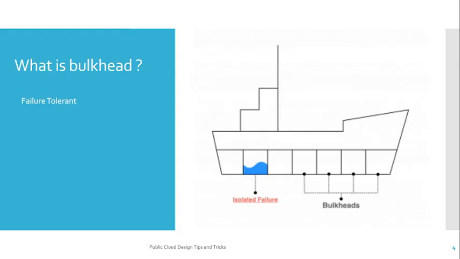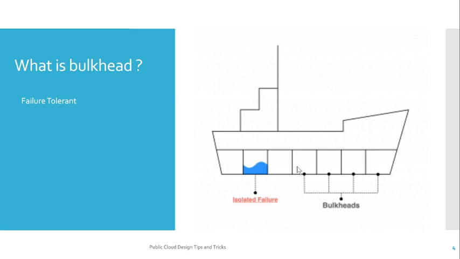Now, let's try to understand where exactly the word bulkhead came from. Generally it comes from terminology used for ships. A ship is divided into multiple bulkhead components, and each component is separated by a layer of bulkheads, so that if one component fails, the water leakage will not affect all other components.